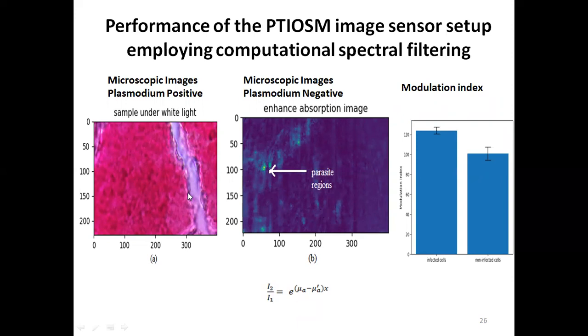What we found is that whereas the probe beam only or a microscope image captured under white light would not reveal any parasite features, when we do pump-probe and get the ratio of those images, we could reveal areas with the parasite regions.